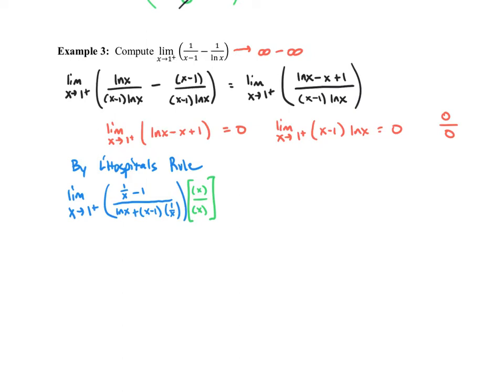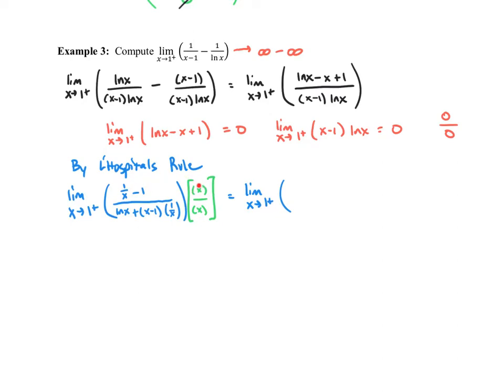This doesn't necessarily mean that it's going to absolutely help us come up with a limit right away, but what it does help us do is simplify it down so that we can at least figure out, are we going to have to do L'Hopital's again, or are we going to be able to actually get down to an answer? So what I'm doing is I'm taking x and multiplying it through to the different terms in the numerator and denominator.